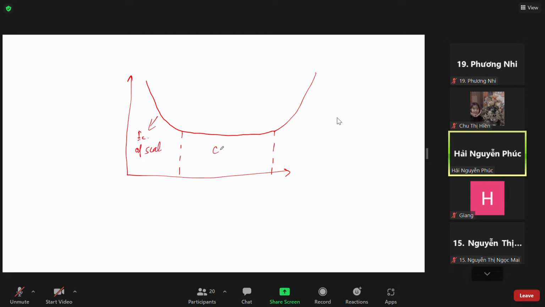Here's constant return to scale. And here is the portion of diseconomies of scale. And of course, the task of the manager is to choose the quantity of output where he can achieve the minimum of ATC in the long run, right?